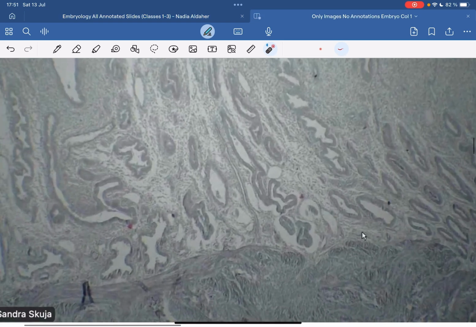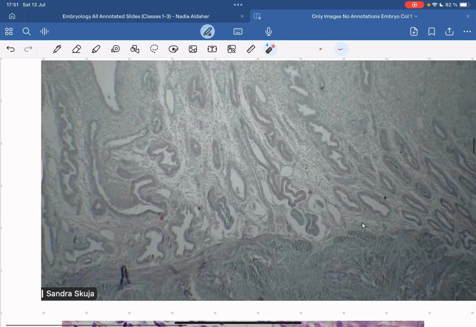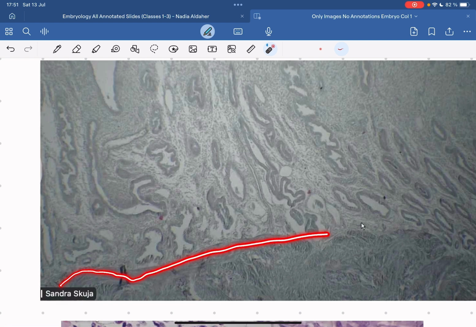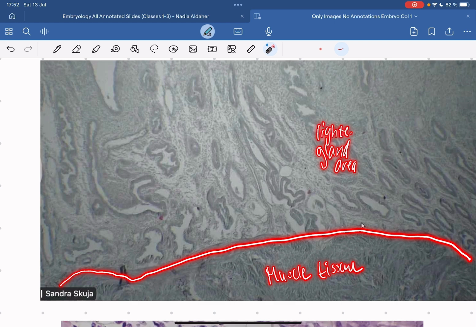Something like this. Now, if you see this very distinct border between muscle tissue and this lighter gland area, then you know for sure that we're looking at the human uterus.